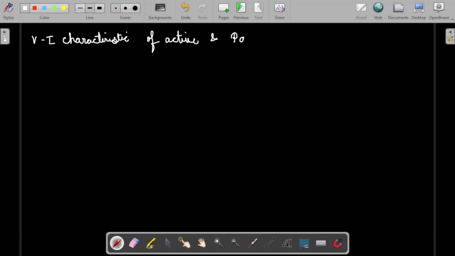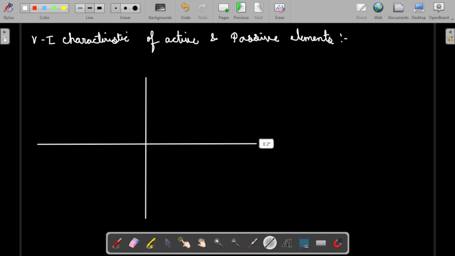So here you see the VI characteristics of the passive and active elements. Now let me draw the generalized curve and then I will explain each of them. So let us take the VI characteristic curve that we already know. If you guys already watched my EDC lecture, you will know.